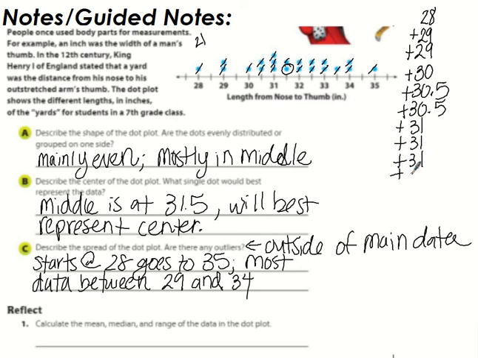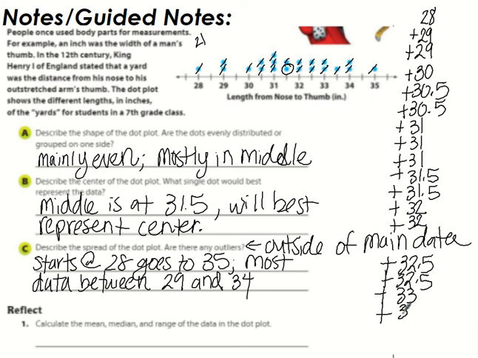It's a lot of data. 31 and a half, but I got two of those. 32, I got two of those. Here I'm going to keep adding. 32 and a half, I've got two of those. 33, I've got two of those. 33 and a half, I only got one.